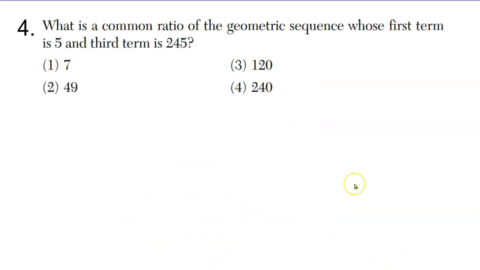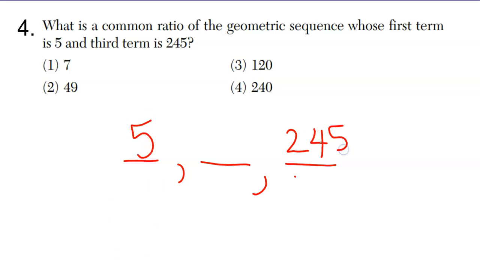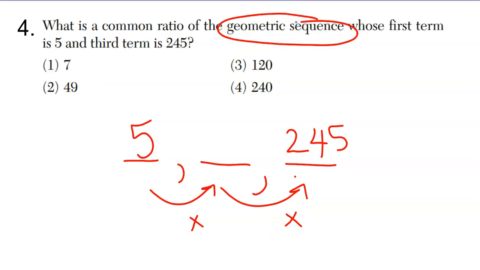What is the common ratio of the geometric sequence whose first term is 5 and whose third term is 245? So this is different than a common difference. This is some type of multiplying pattern. And because it's a geometric sequence, I can find that pattern by dividing 245 by 5.